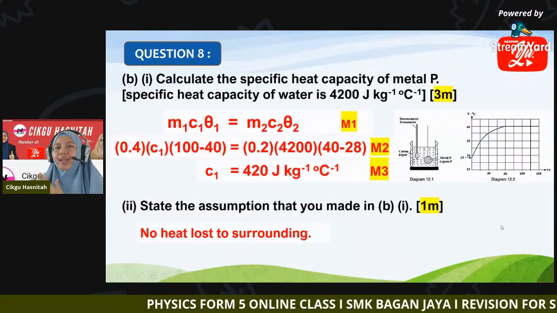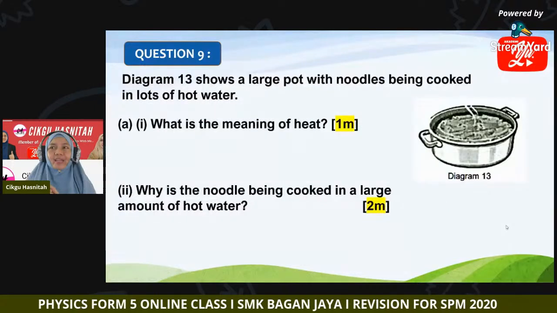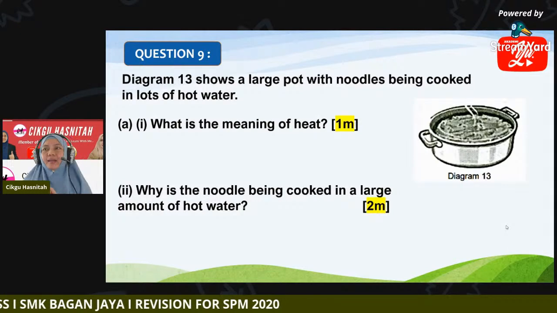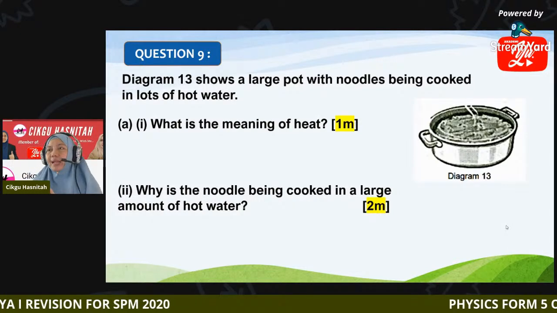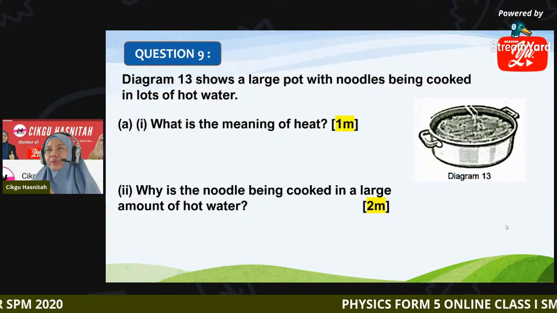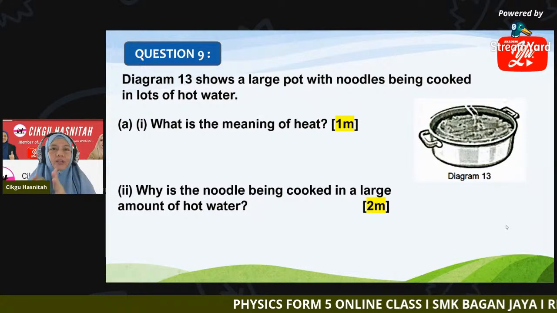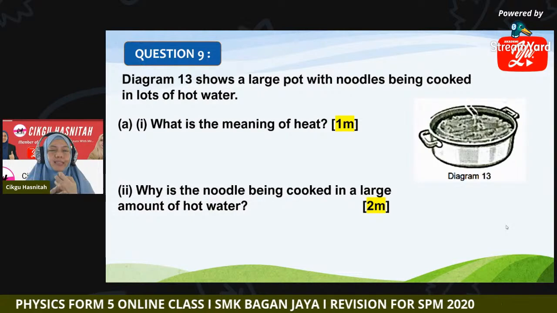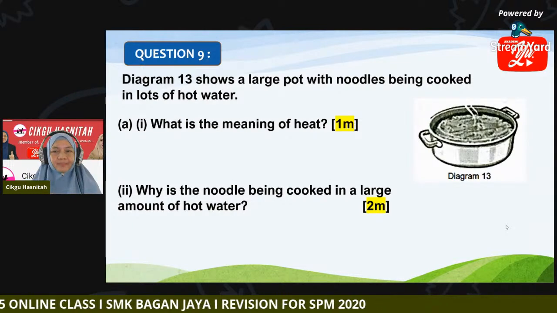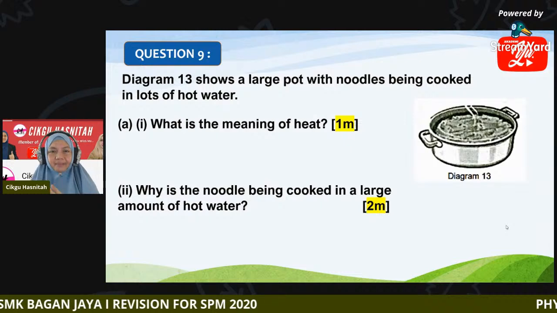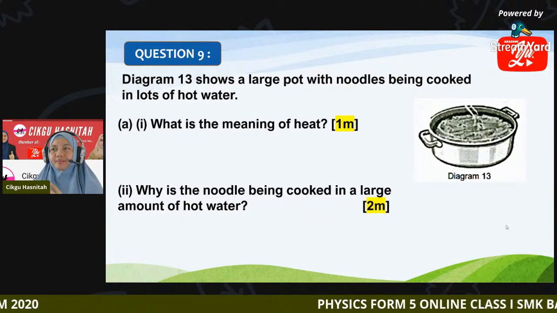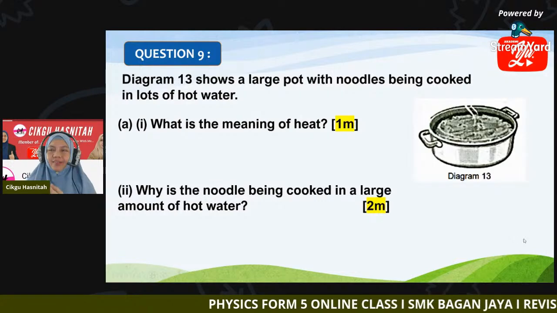Then question 9 again, heat. Diagram 13 shows a large pot with noodles being cooked in a lot of hot water. First question, what is the meaning of heat? It is very simple.